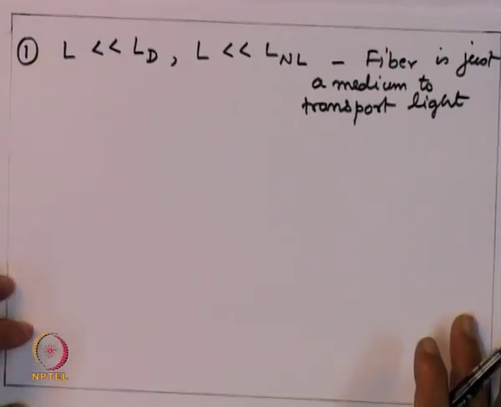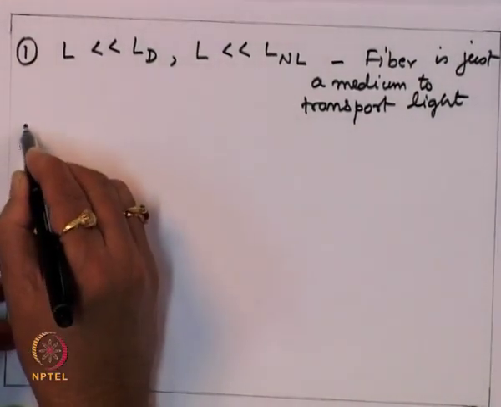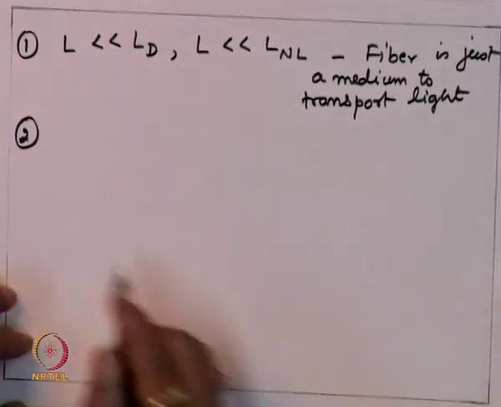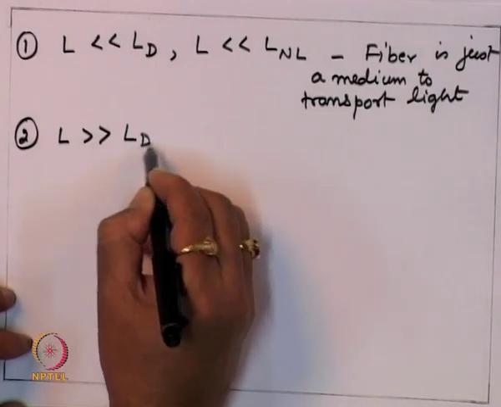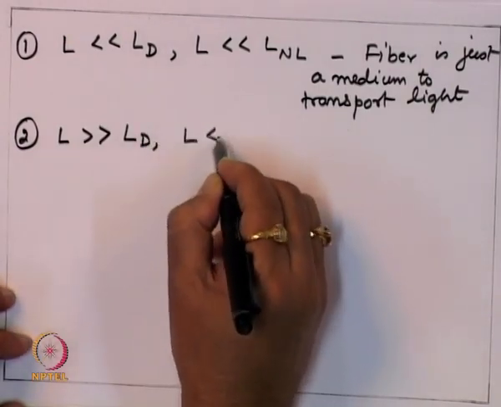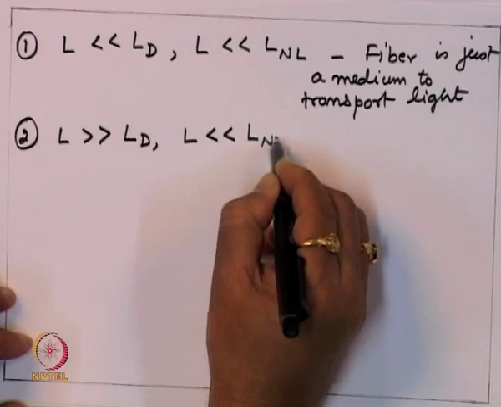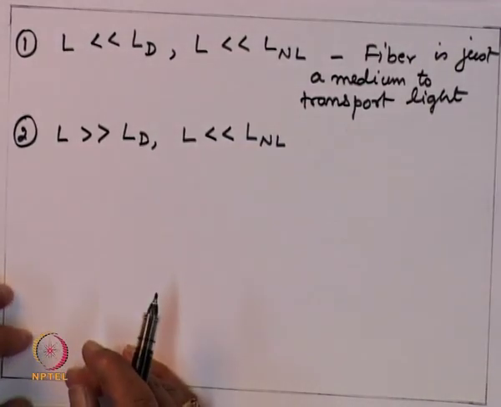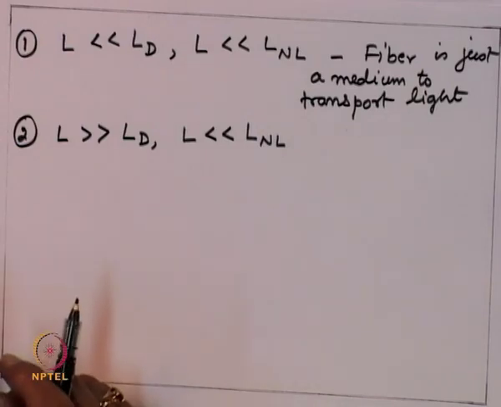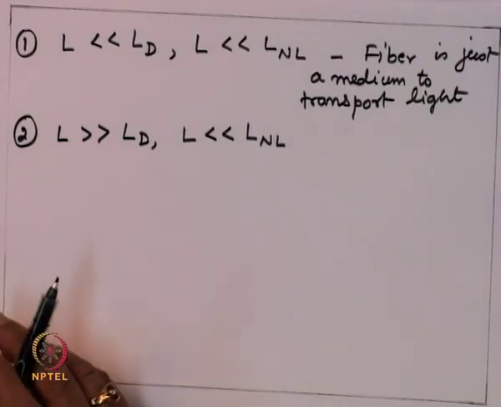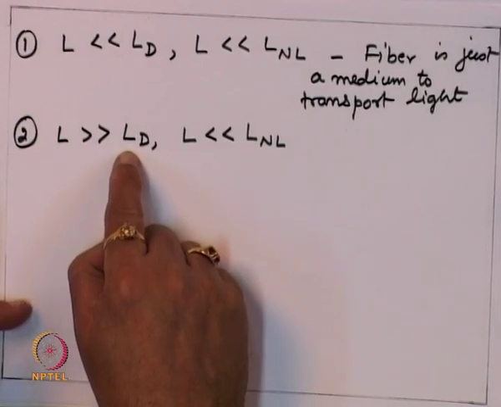The second possibility, as we said, is that L is much greater than L d, but L is still much less than L N L. When this situation occurs, if you consider a very narrow pulse, the L d will be small.